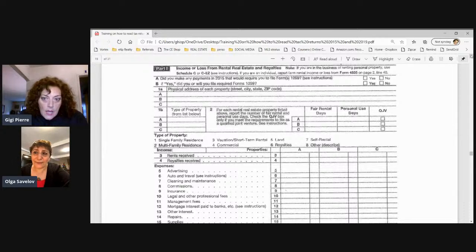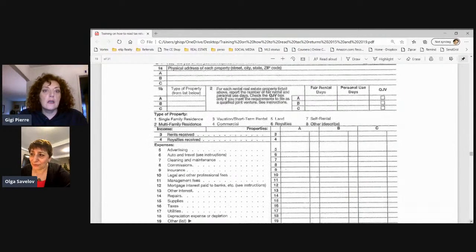Line A will say property type, such as one family house, and how many days it was rented. Rents and royalties will be on lines 3 and 4, and then all expenses below.